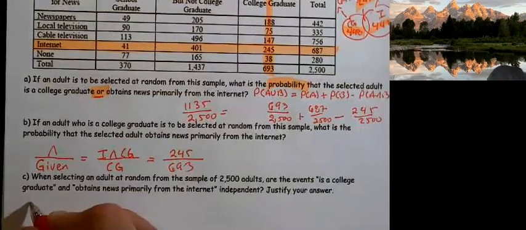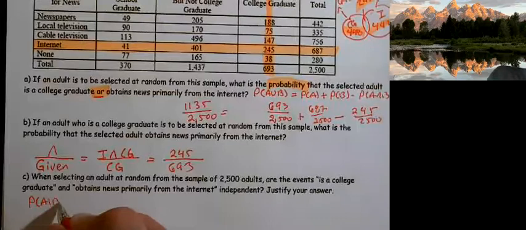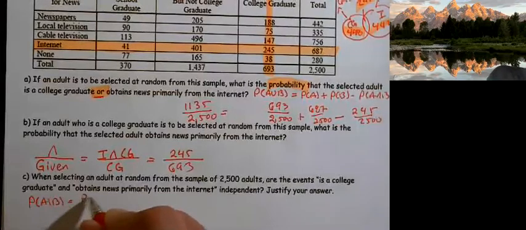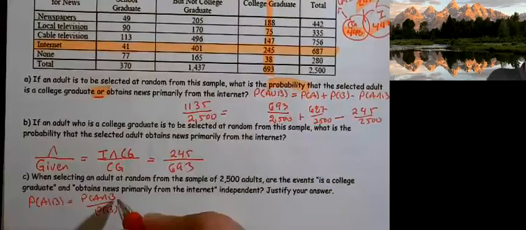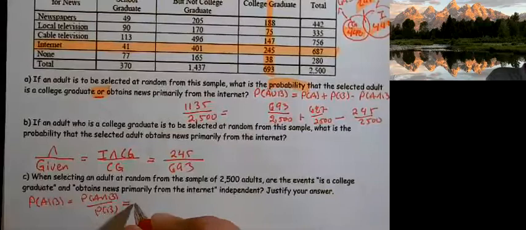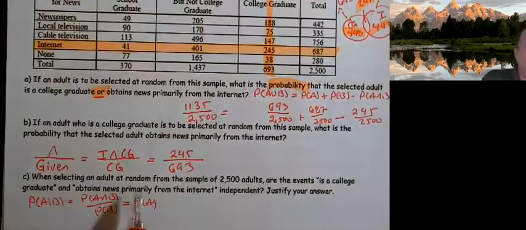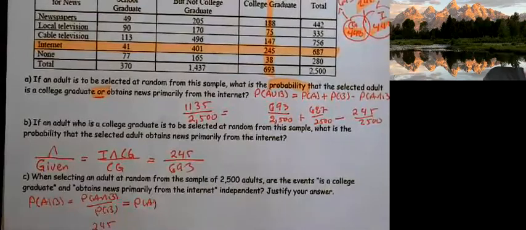Once again, the conditional rule is this: the probability of A given B equals the probability of A and B over the probability of B. This is always true. 100% of the time, that's true. But if they are independent, or if I want to check for independence, it has to equal the probability of A. Well, we just did the conditional. So we have 245 over 693.